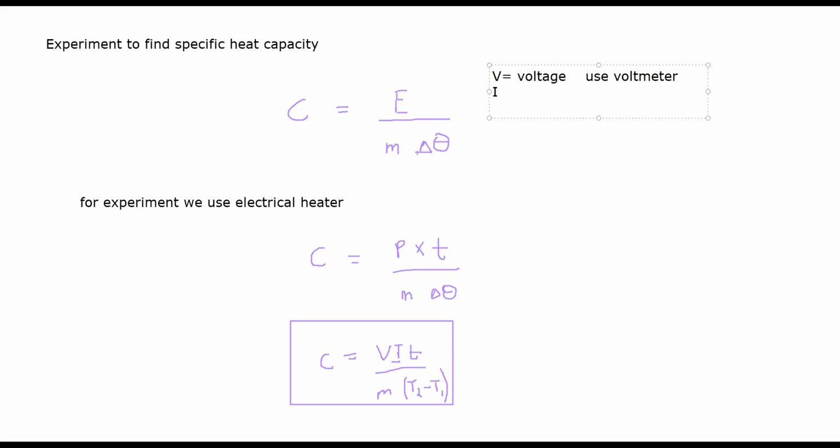I is the current. I'm writing the units as well, so you can recognize them from their units. The voltage unit is volts, or V. Current is in amperes, A, and the apparatus we use is an ammeter. T is the time.